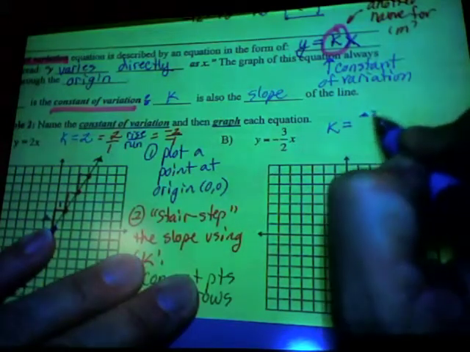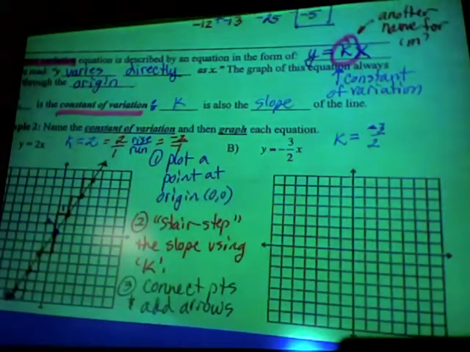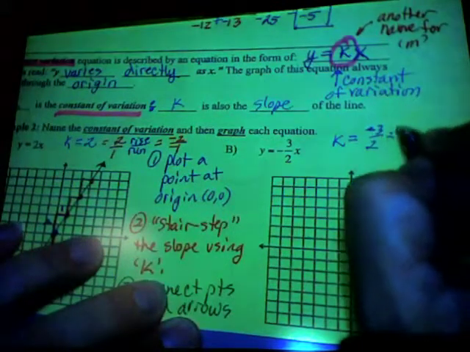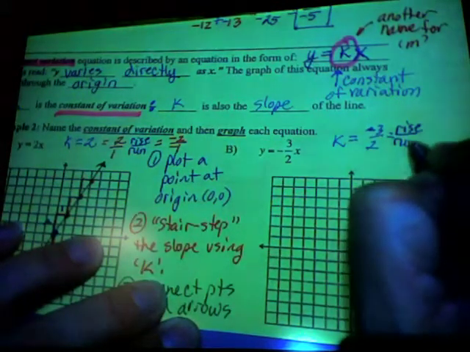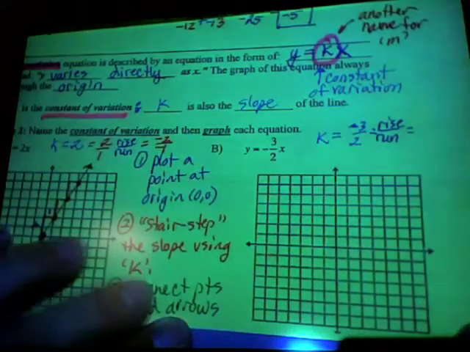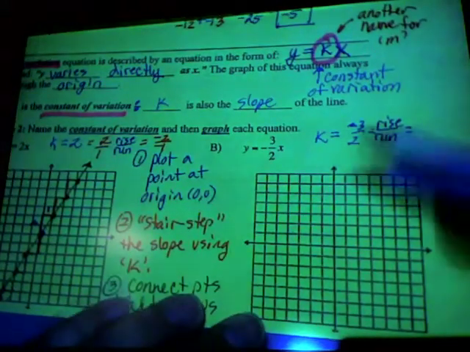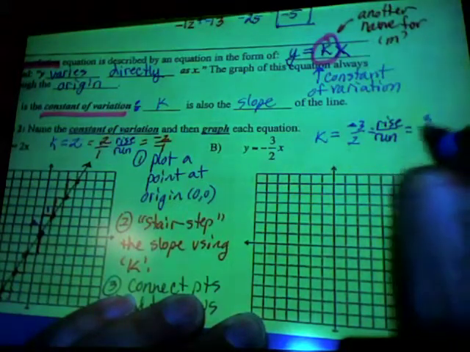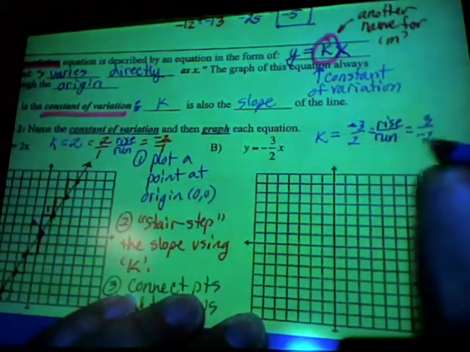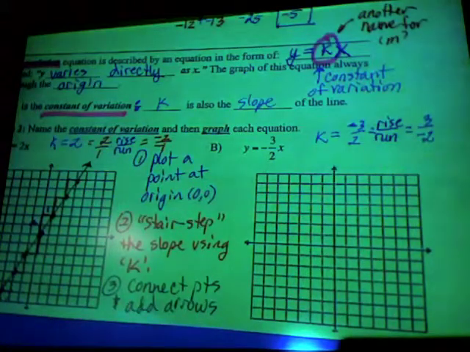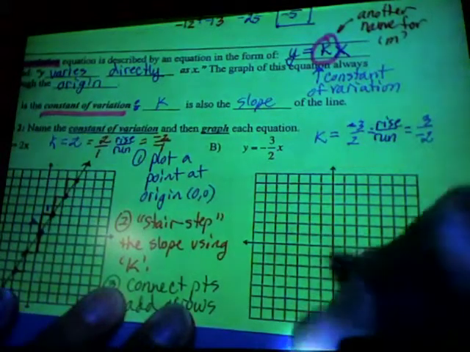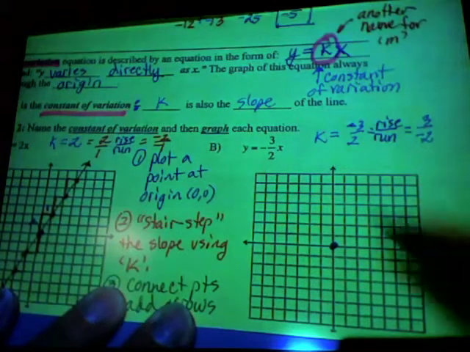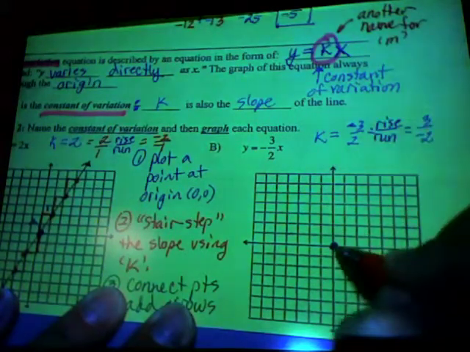If I've got a negative 3 over 2, remember, this is your rise over your run. Remember how we have to look at it in 2 different directions? Change both signs. If I change this sign, I get a positive 3, and if I change that sign, I get a negative 2. Aren't they both a negative 3/2? Okay, so plot both directions. Start at 0 and start plotting. Negative 3 would be down 3.